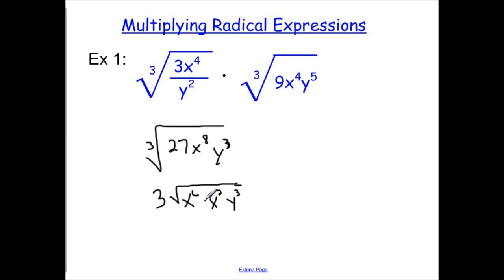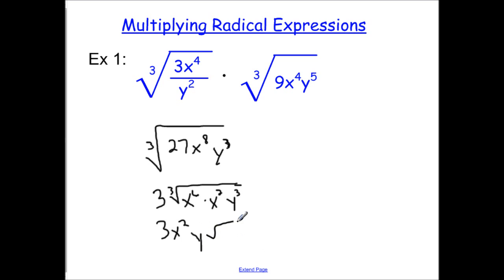What I'm looking for is powers that are divisible by 3 evenly. If we take the 3rd root of x to the 6th, that's x squared. You basically just do this number divided by the index. So we'd have 3x squared, and then the 3rd root of y to the 3rd is just y.